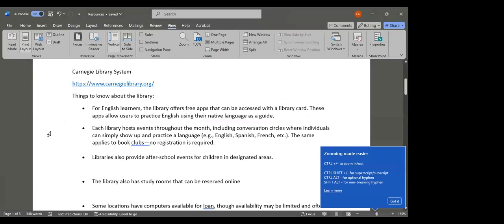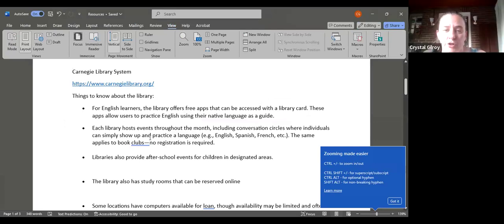Yes. Okay. So for English language learners, the library also does offer free apps that you can use with a library card. And if your student goes to the library, librarians are very, very friendly people. They will help them sign up for a library card.